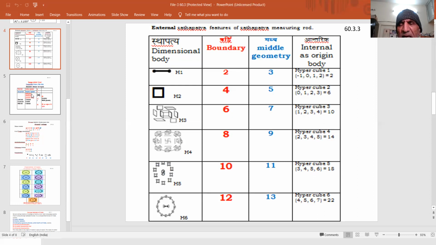Once we are parallel with these triple features of these 6 bodies of Sathapatya, we will be parallel with the organization format features of Vedic knowledge systems, of which Ganita Sutras mathematics is the basis-based mathematics. This is the most important phase and stage of a takeoff.